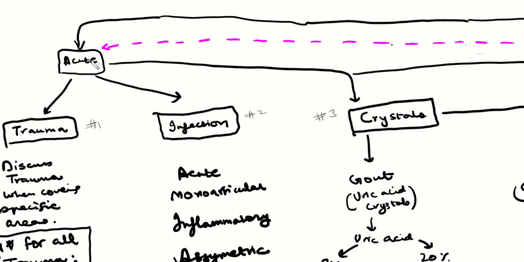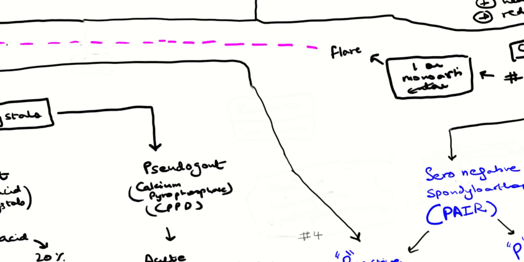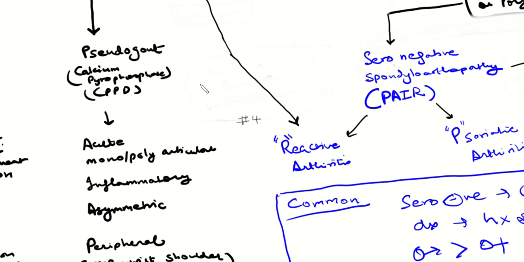It was fine yesterday, I woke up with this this morning. Trauma, infection, crystal diseases, and we'll talk about the two crystal diseases within this, and reactive arthritis. So that's four.